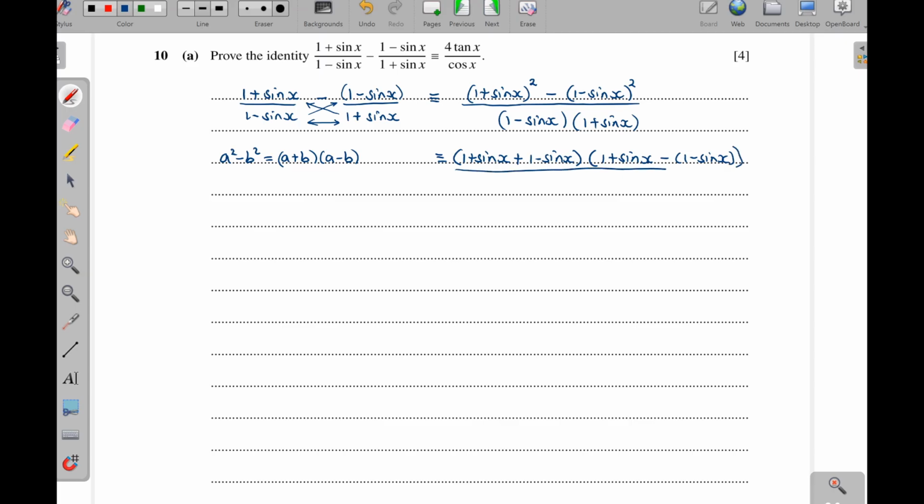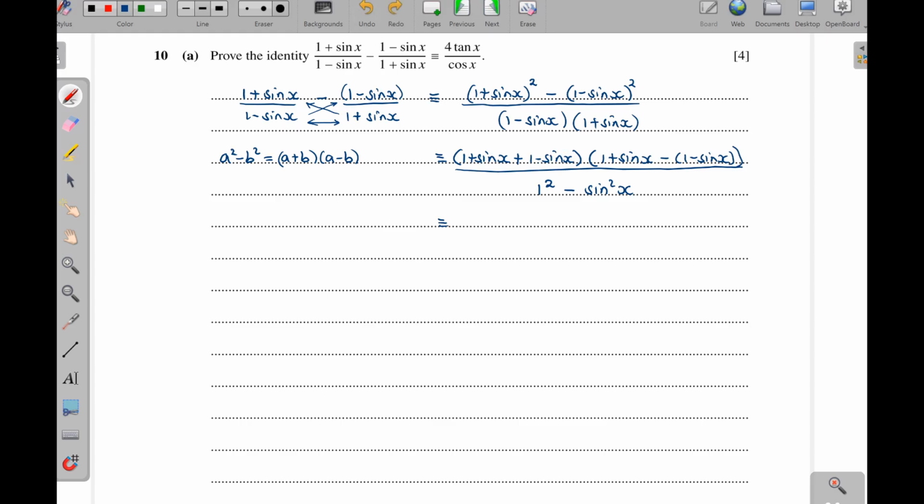Then we divide by, and again, right from here, it is also difference of two squares. 1 minus sine, 1 plus sine. You see here, a plus, a minus. So that means I can just have this one as 1 squared, then minus sine squared of x. If you want, please take your time and then you expand. No problem. But then here, this sine cancels with this.